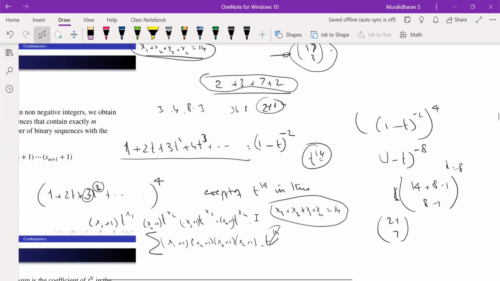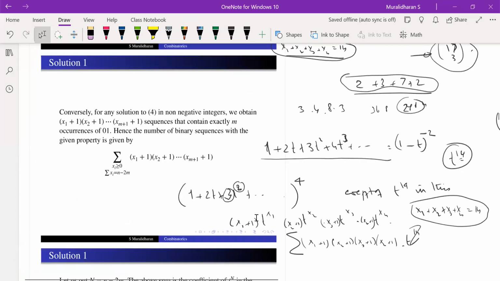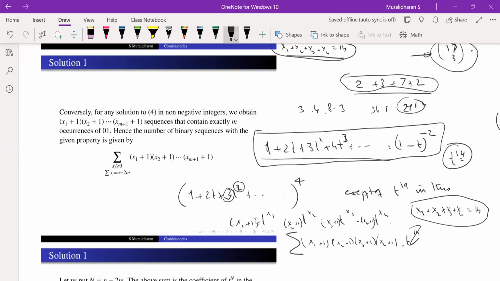We just made two observations. One observation is that 1 plus 2t plus 3t squared and so on is actually equal to (1 minus t) to the power minus 2. And whenever I expand the power minus 4, the coefficient of t power n in all these things will be the same. Here the coefficients are x1 plus 1, x2 plus 1, and so on.